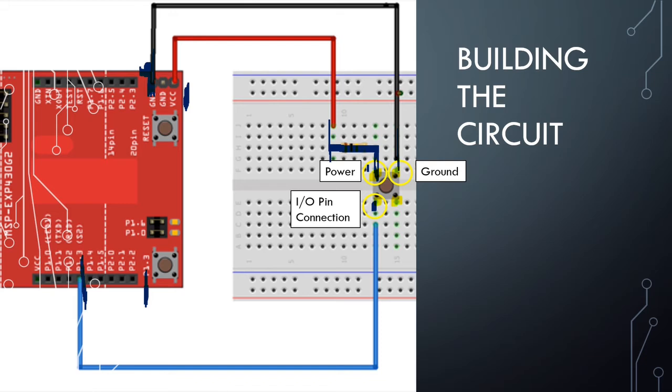That's really all you need. You need a power source on one corner, a ground on the other, and then the third corner should be connected to a pin so that this is where we'll read if it's high or low. And then we don't really do anything with the fourth corner. We can just leave that alone. So when you're building your circuit, keep that in mind. Your setup should essentially look like this.